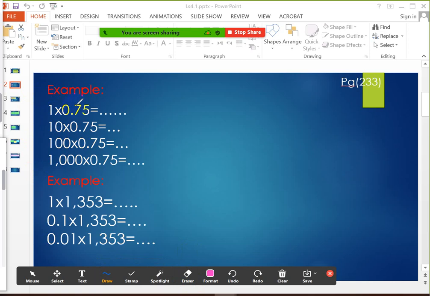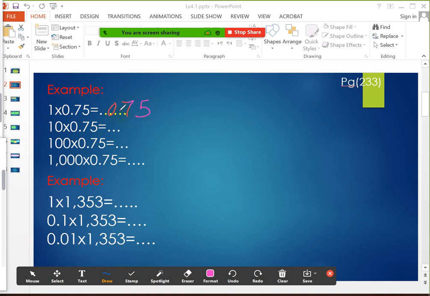And I want to find the answer for the multiplication between this pattern and the decimal number, which is here 0.75. So let's start. 1 multiplied by any number equals the same number. That means 1 multiplied by 0.75 equals 0.75.